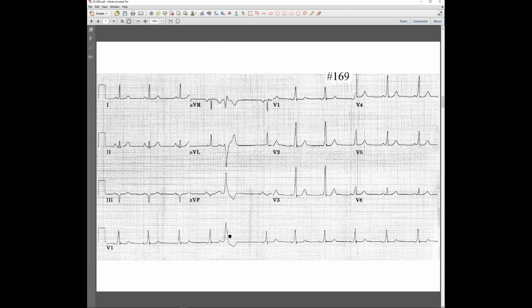I looked at the RR intervals and decided that it's fully compensated, and you could see that this is actually a ventricular premature complex. Very good, very good.